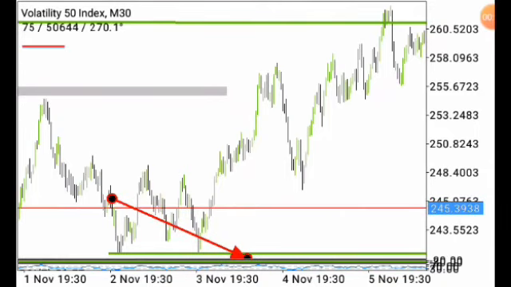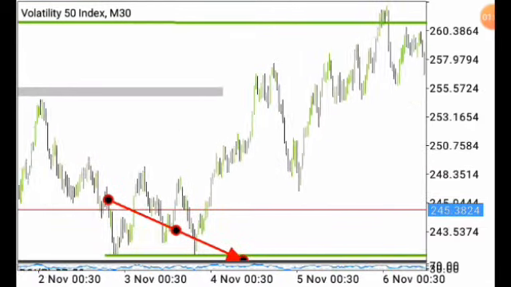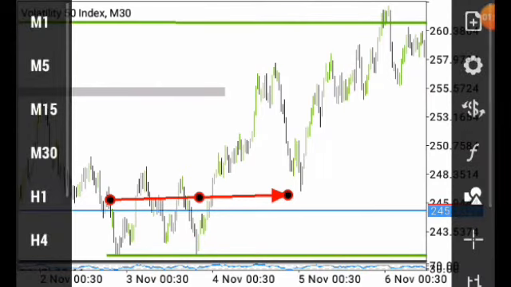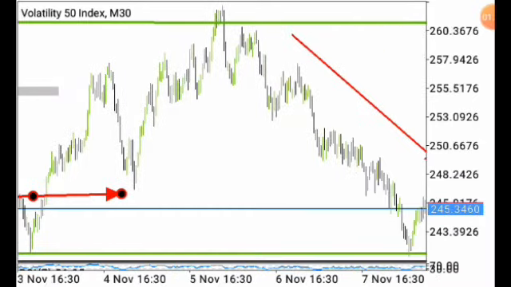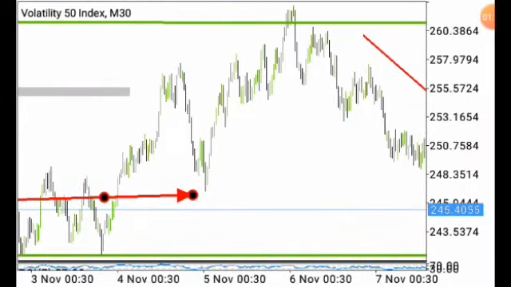Like I said, guys, the very first thing is you need a reference point. Your reference point is like a foundation, and you can get that on your higher time frame. After your reference point, you can come down to the lower time frame to build on the structures. So this is the 30 minute.